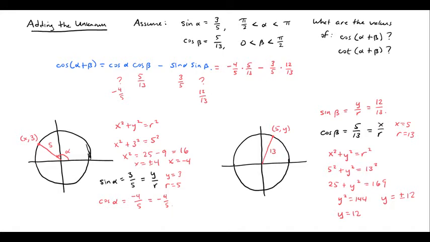So I'd probably better not cancel these 5s. Probably better just leave that as negative 20 over 65, and then that's minus 36 over 65. And that comes out to negative 56 over 65, which is hardly an elegant looking answer, but I think that actually is the cosine of alpha plus beta.